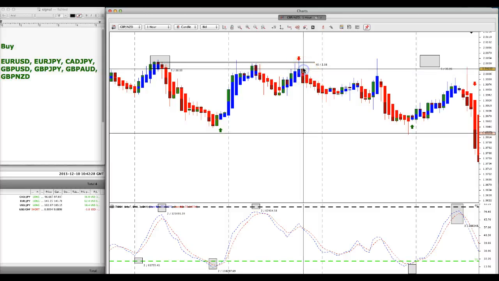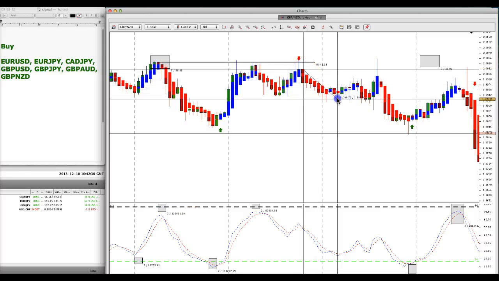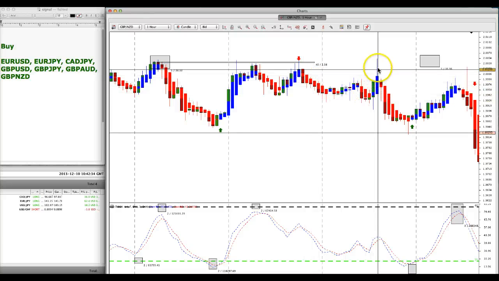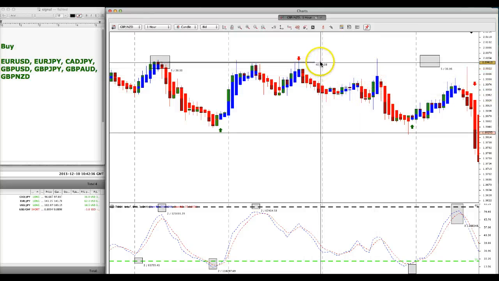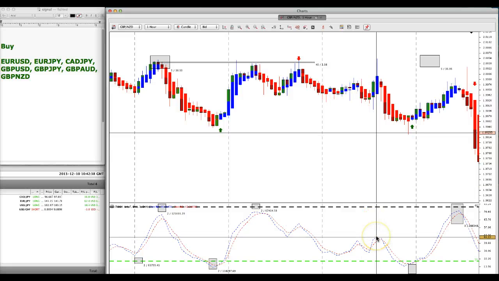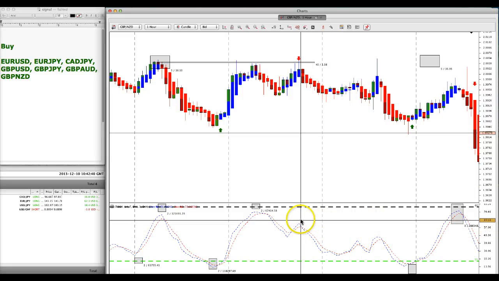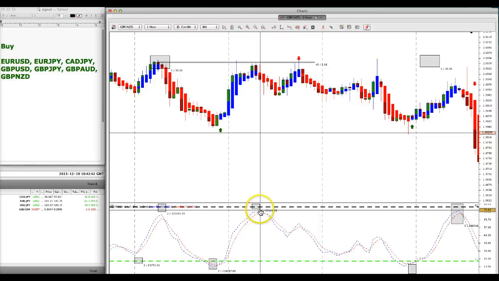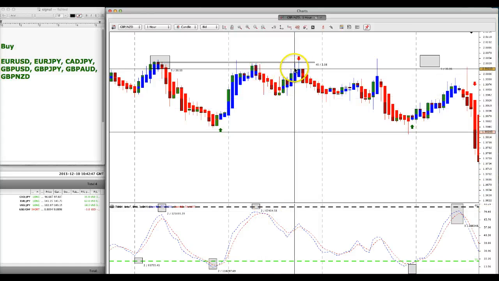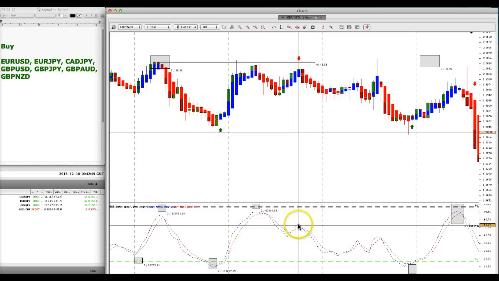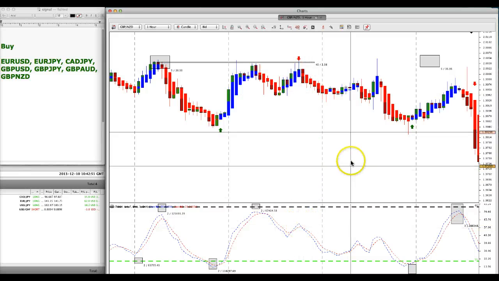That would have been a great entry. And 89, 90 pips, notice the price shot up again to that same level. However, stochastics was not overbought. So I would most likely have taken the trade when stochastics was overbought here or here, and the two lines on stochastics crossed to the downside.